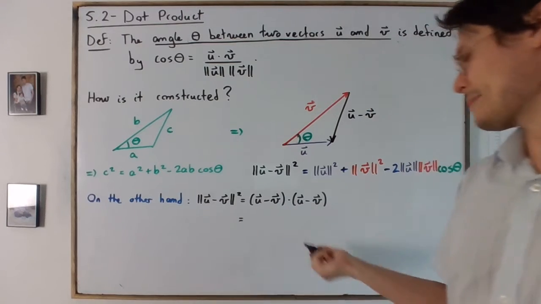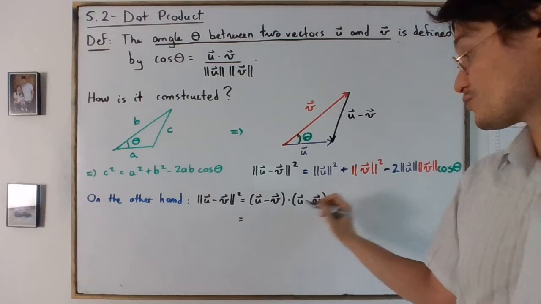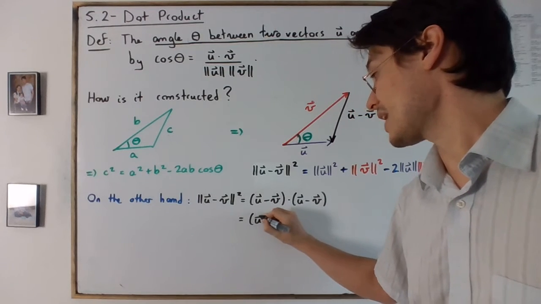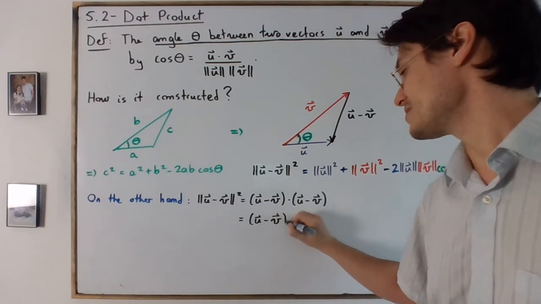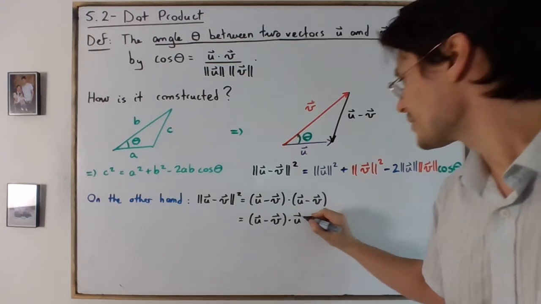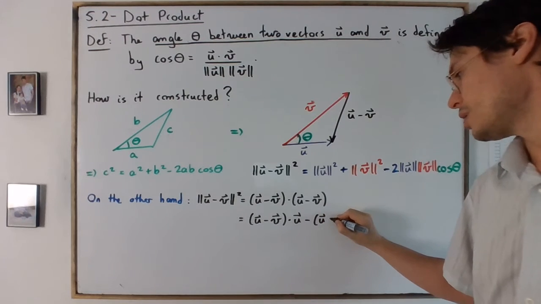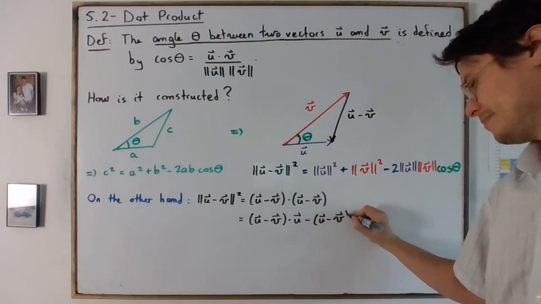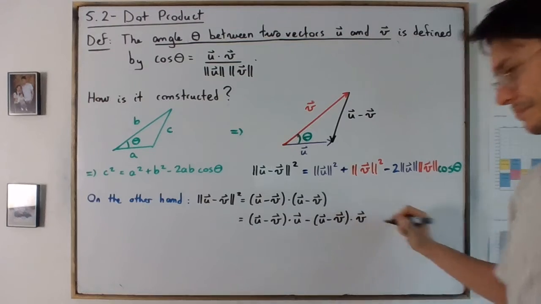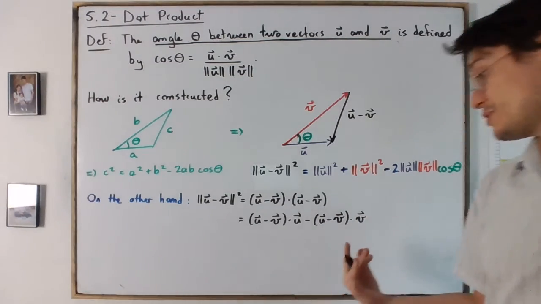I'm going to go rather slowly, but what I'm using in reality is left distributivity. So u minus v times u, minus u minus v times v. And then for each member, I use right distributivity.